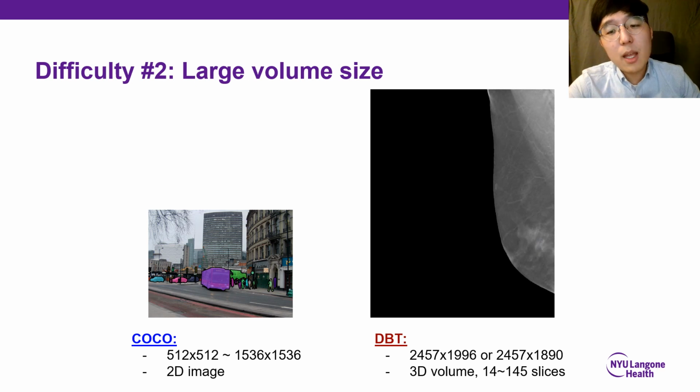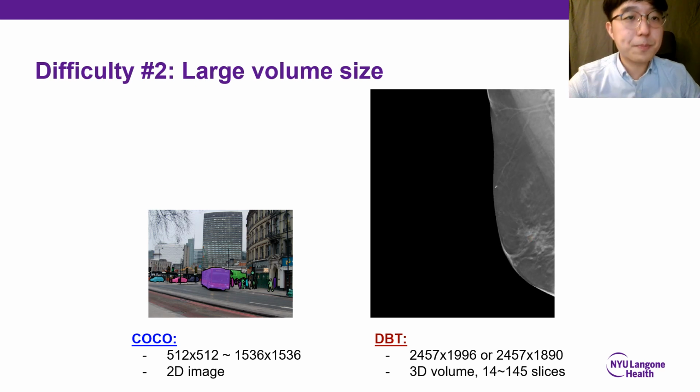At the same time, lesions from DBT volumes can be very tiny. Before any rescaling, the lesions can be already smaller than some of the objects appearing in resized natural images. As you can see, the lesion highlighted in red from the figure on the right can be smaller than the vehicle highlighted from the figure on the left.